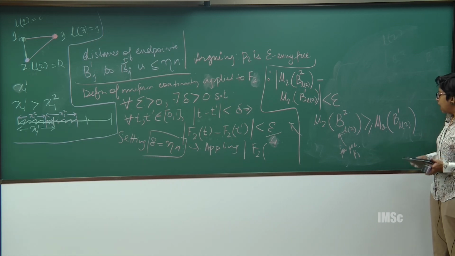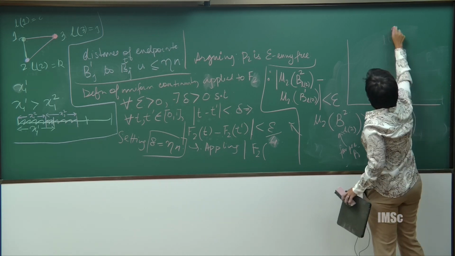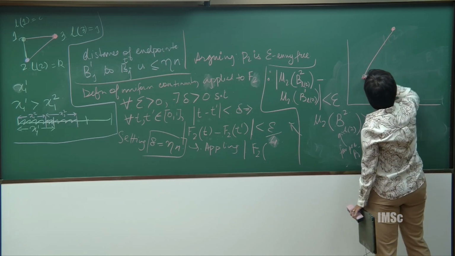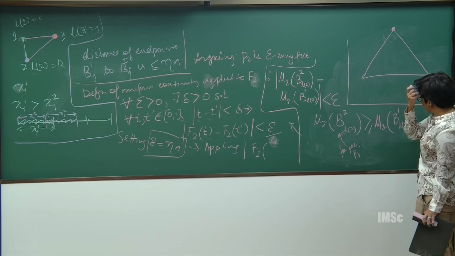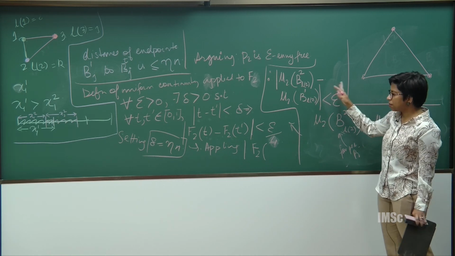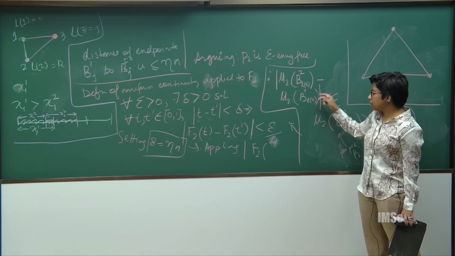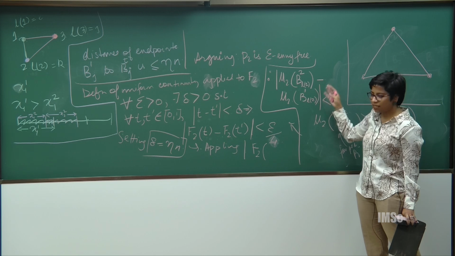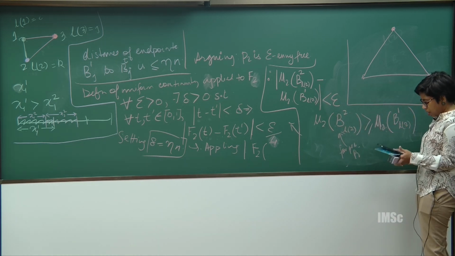Now I'm going to apply a simple triangle inequality. When I say minus here, I am obviously talking about distance between these points. Because we are on a real line, minus basically means a distance measure, like how far apart the points are.